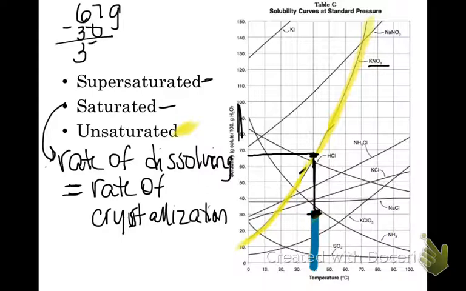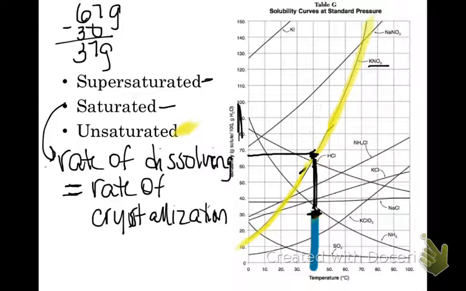So the difference is 37 grams. I can put 37 more grams of KNO3 into that container with 100 grams of water, and it can still be saturated. If I put 38 grams, then it would become supersaturated because it would fall above the line. So 37 is that happy point where it becomes saturated.